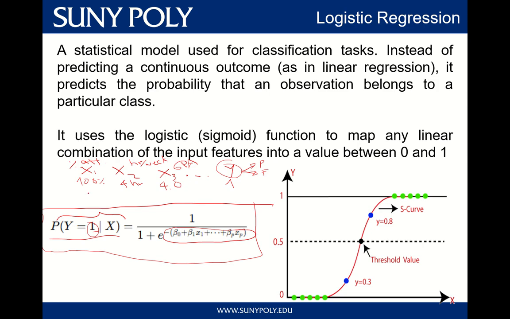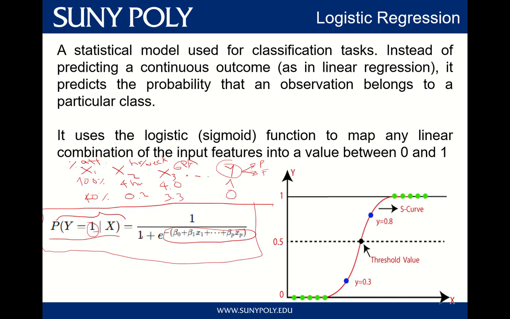Let's say the attendance is not good, 40%, hours per week 0.2, GPA 3.3, and that specific student didn't pass the class, right? So you keep going with the table until you have a good number of observations.